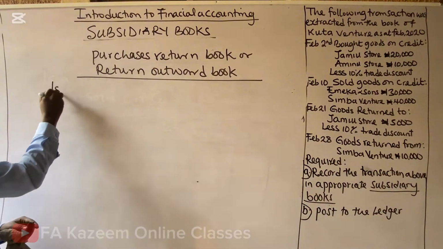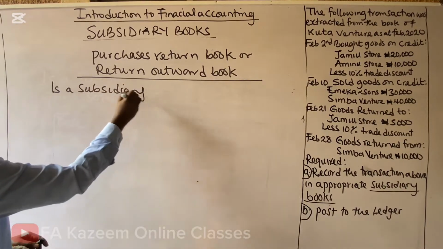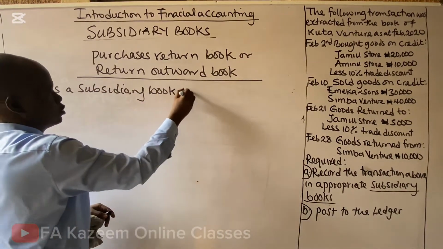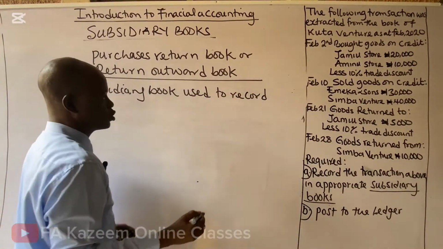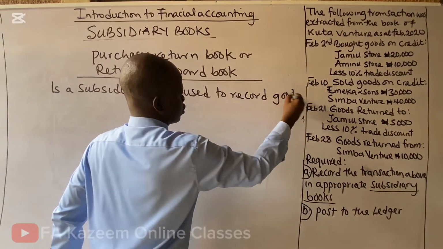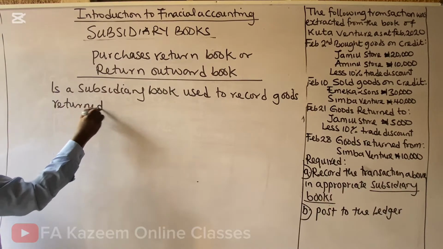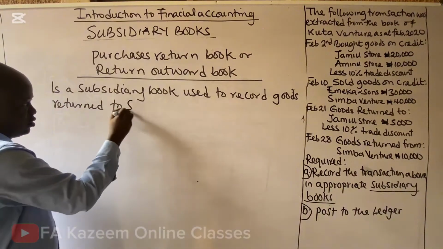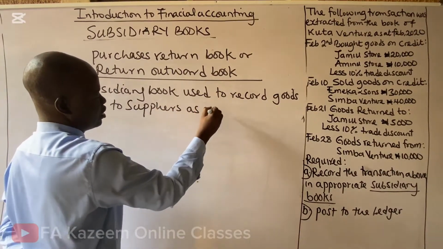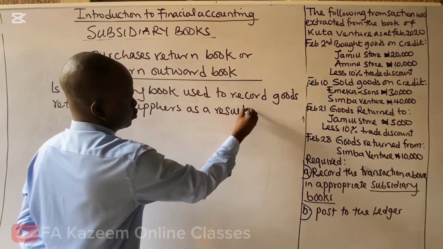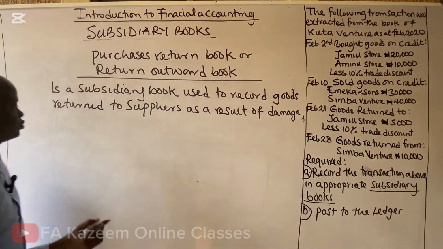The purchases return book is a subsidiary book used to record goods returned to suppliers as a result of damaged goods.